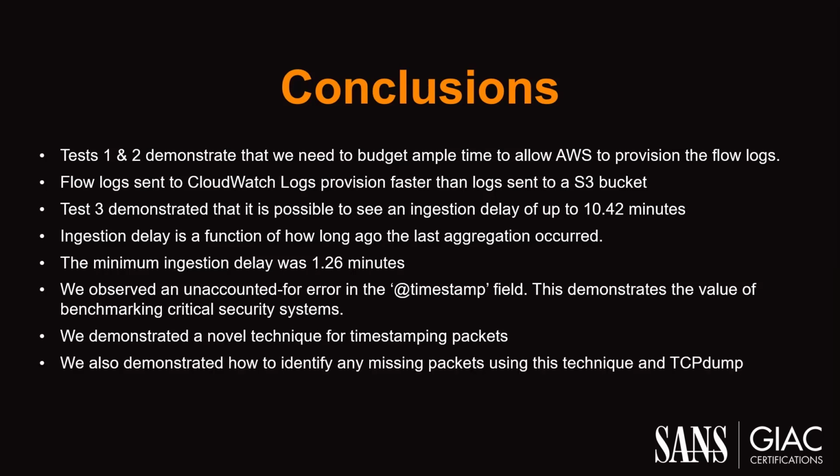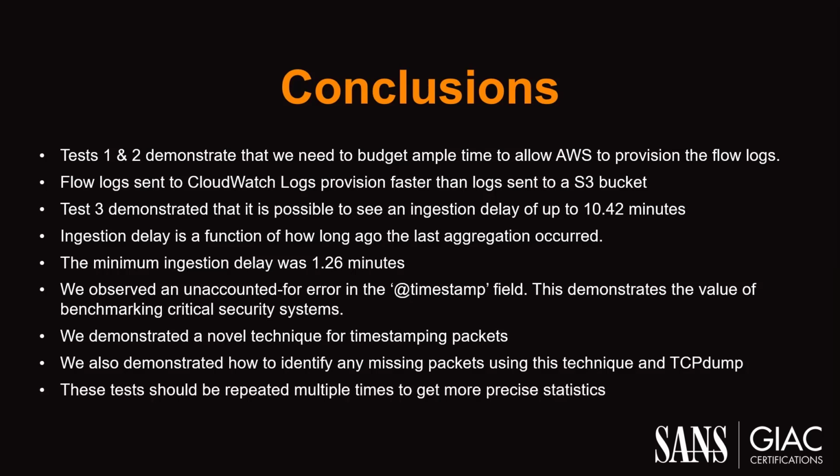We also demonstrated how to identify any missing packets using this technique, and in the process, identified a minor bug in generate test traffic.py that caused a packet not to be sent about every 195 seconds. This demonstrates, again, the importance of understanding the limitations of the security tools that we use. At some point, I will circle back and fix this bug.